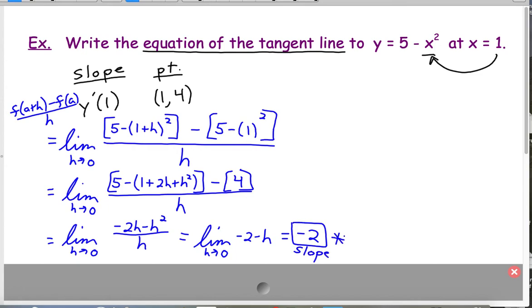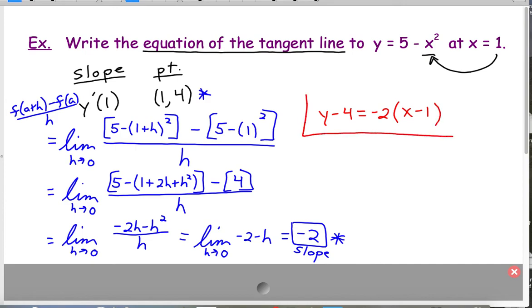So I'm going to use that. And I need a point, so I'll use that. And now I can write my answer, and I'm just going to write it in point-slope form. So y minus 4 equals my derivative, negative 2, which is my slope, times x minus 1.